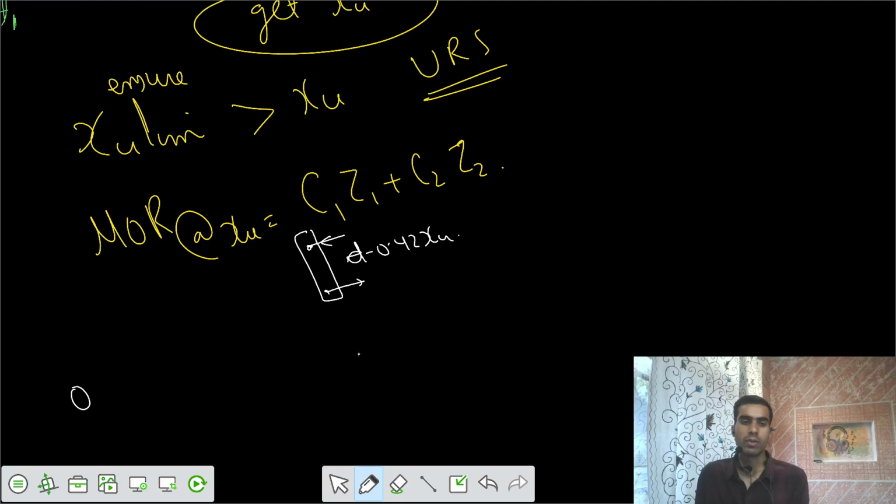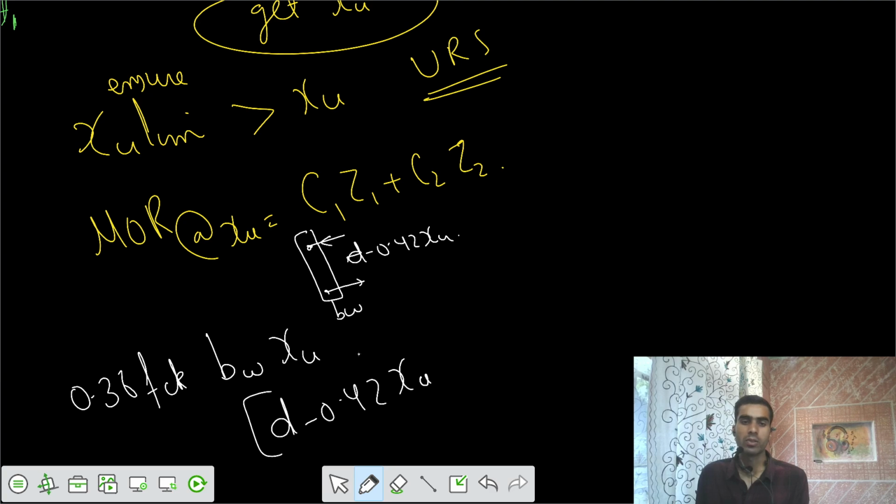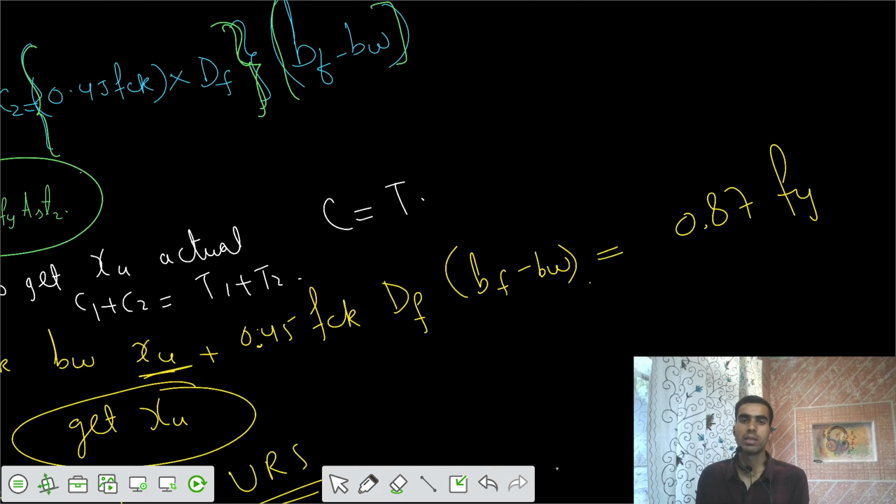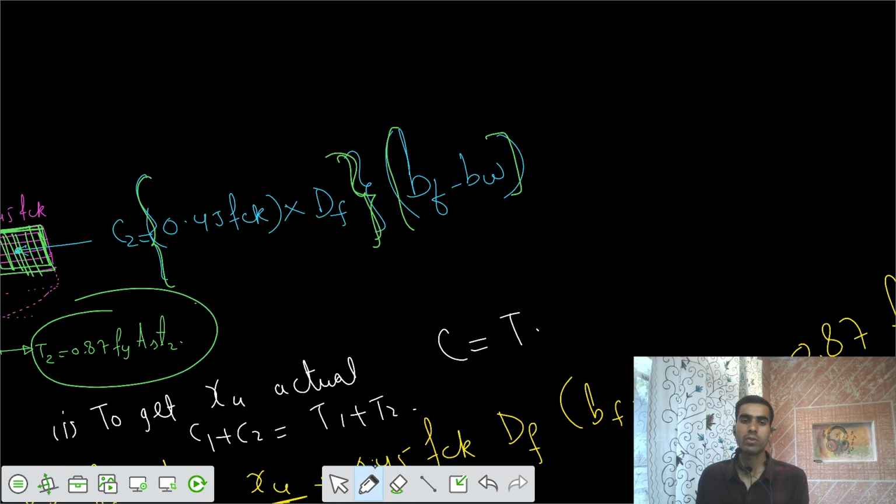So we write 0.36 FCK, actual width of the beam BW, and XU, then D minus 0.42 XU, plus the second part, the C2 force of 0.45 FCK, actual width BF minus BW, and DF also.